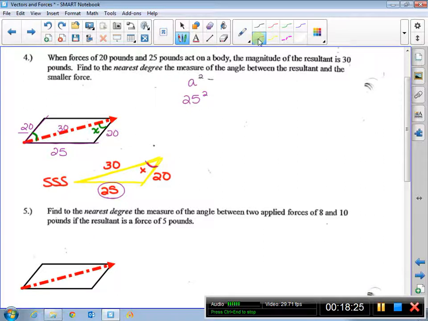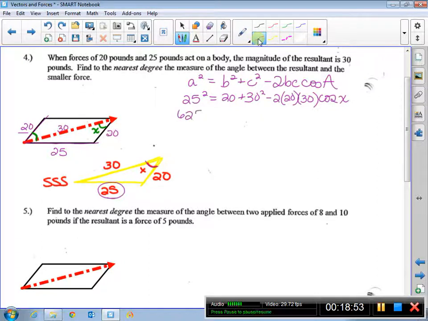If you want to rewrite the law of cosines, a squared equals b squared plus c squared minus 2bc cosine of a. And so 25 squared equals 20 squared plus 30 squared minus 2 times 20 times 30 times the cosine of x.